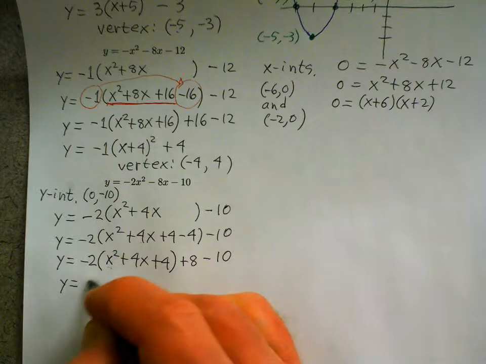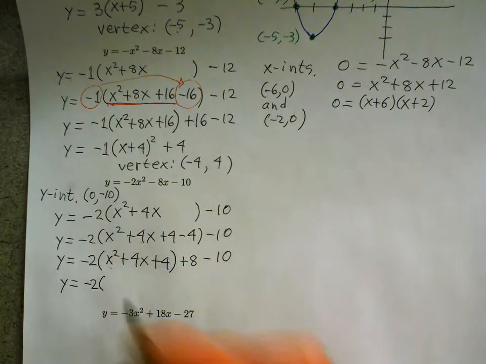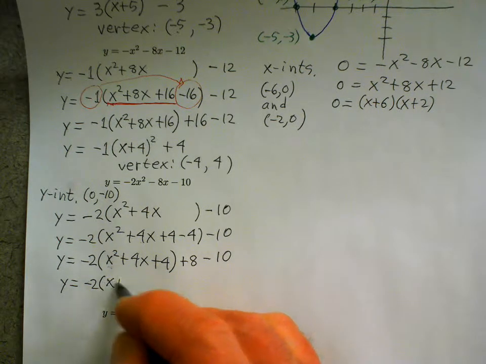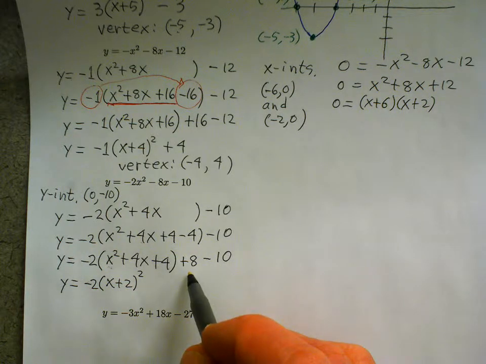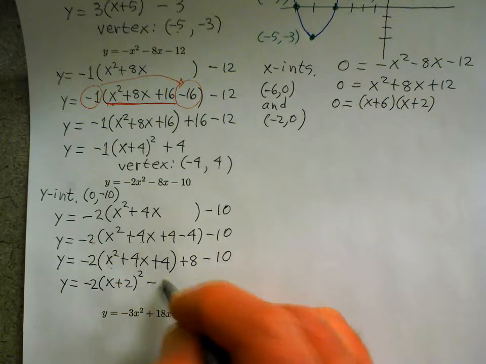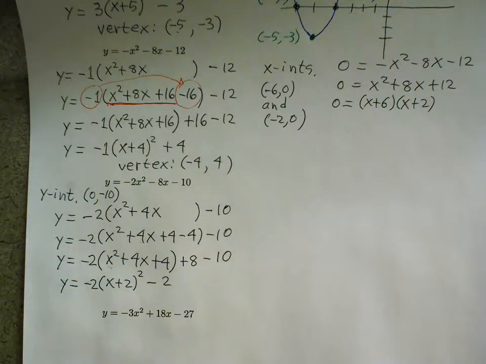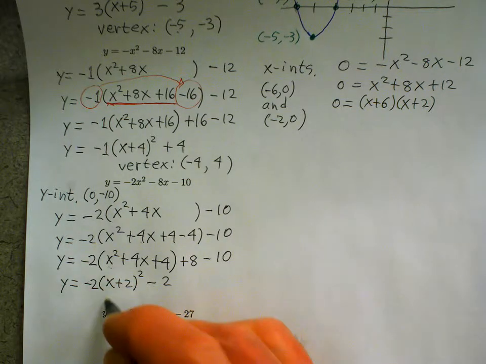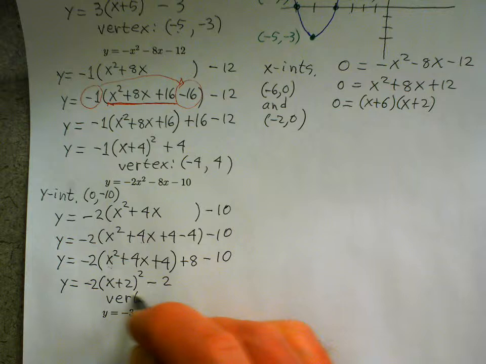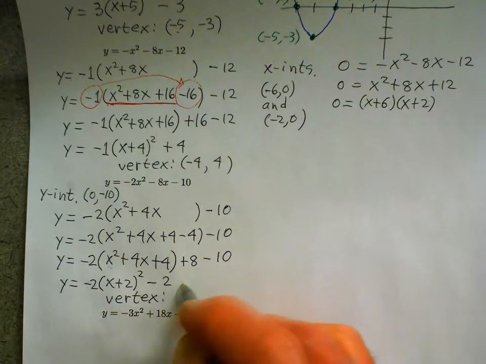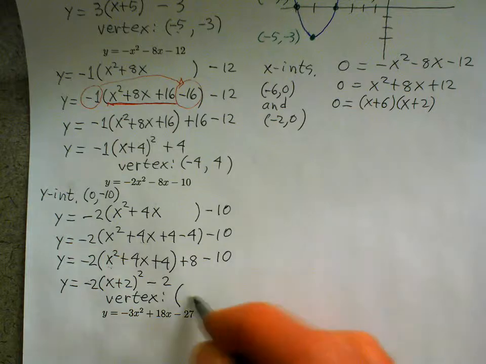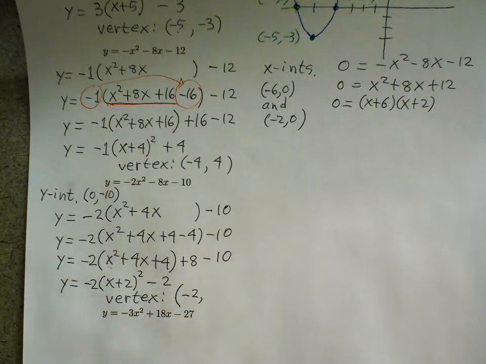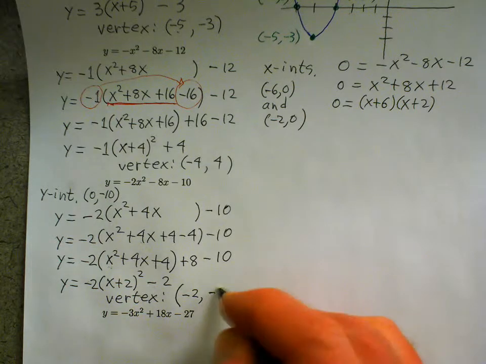We have y equals -2 times the binomial x plus 2 squared, and then +8 minus 10 is -2. Okay, so we can write down the x and y coordinates of the vertex. The x coordinate of the vertex is -2, and the y coordinate of the vertex is -2 also.